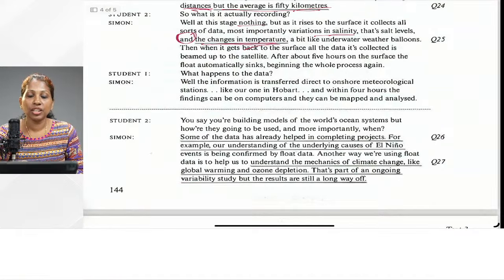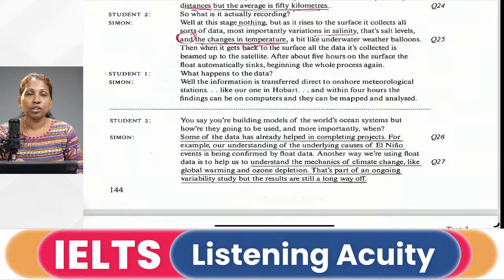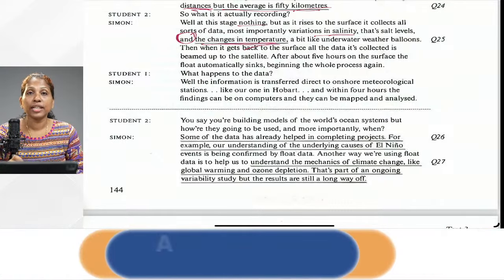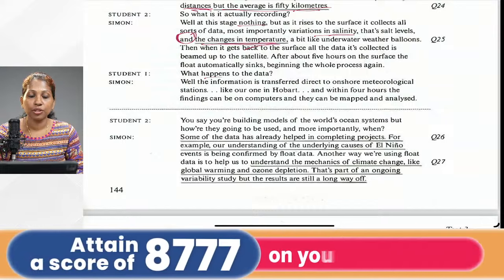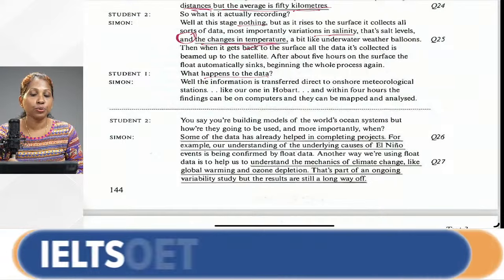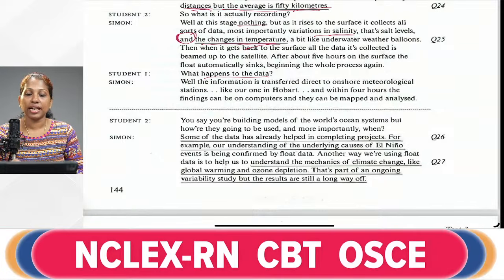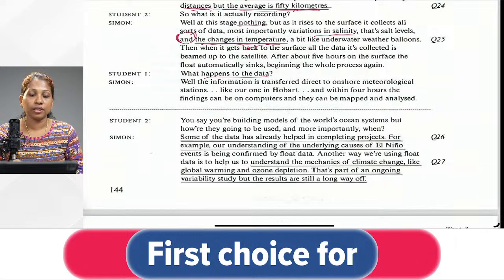Now we have read till the beginning of the process again. Next, the student asks, what happens to the data? What happens to data collected by the float? That is what you're looking for. How is the data used? Simon: Well, the information is transferred directly to onshore meteorological stations like our one in Hobart.